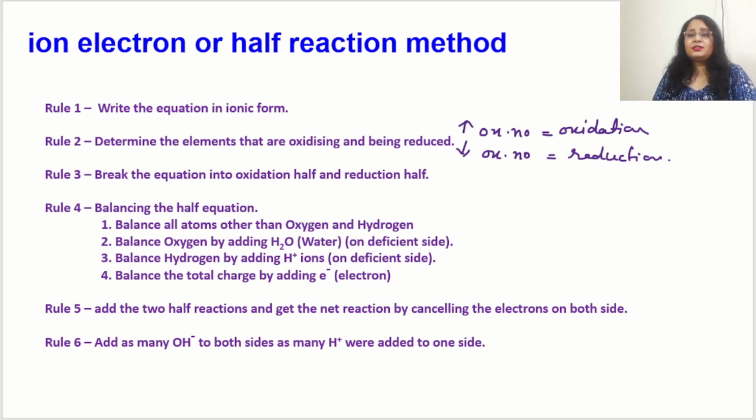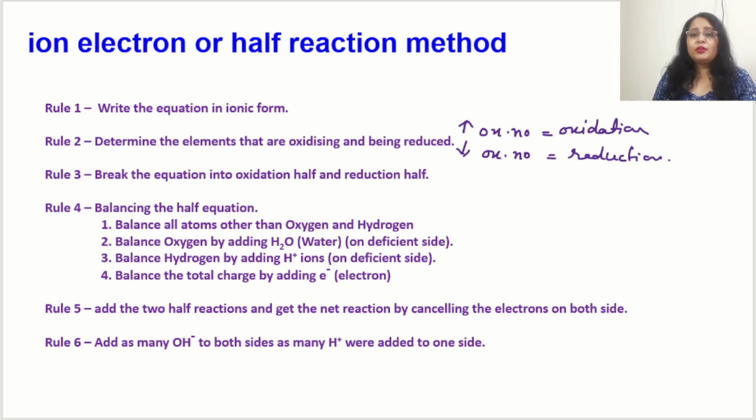In acidic medium we do this much, so up to here it is common. After adding both the reactions in such a way that the electrons cancel, in the last step we will add OH ions, or hydroxide ions, wherever we added the H plus ions.